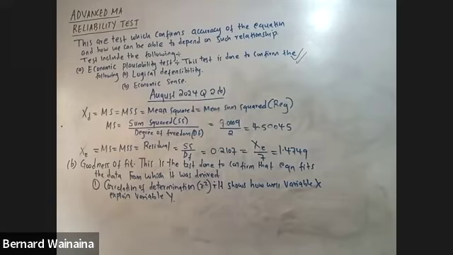Let me dictate. We have only 3 points. Number 1, any relationship more than 80% is acceptable. Number 2, any relationship below 60% is not acceptable.